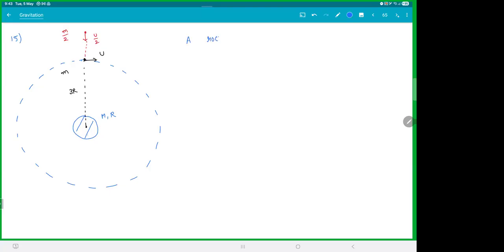A rock of mass m by 2 with speed u by 2 collides with a satellite orbiting right around the planet in a radius of 3r, orbiting at a distance 3r.